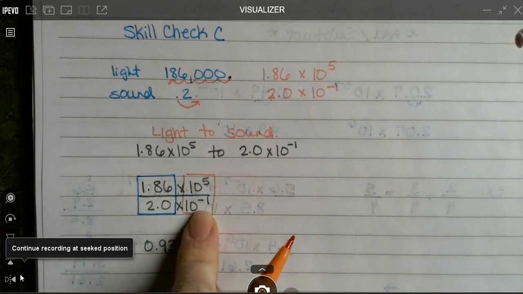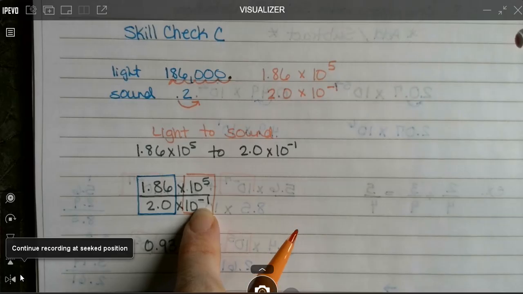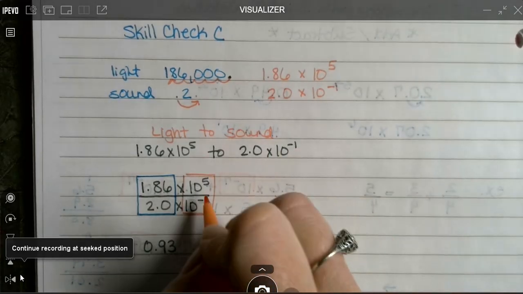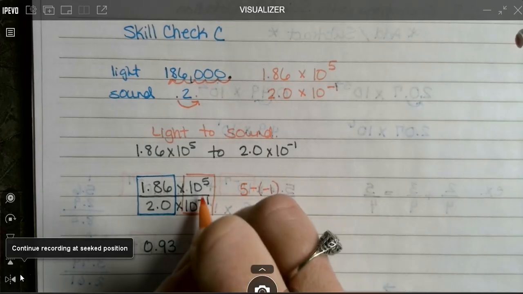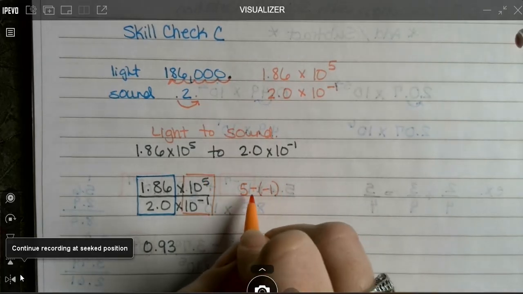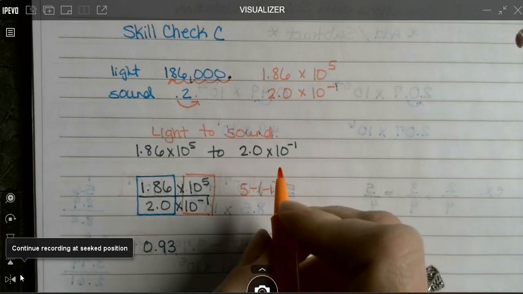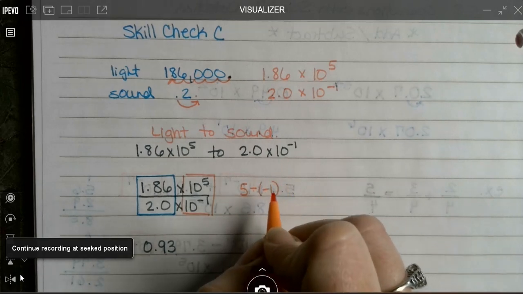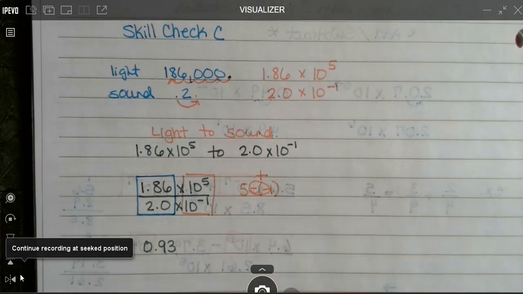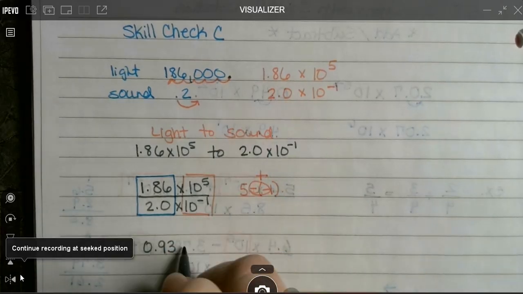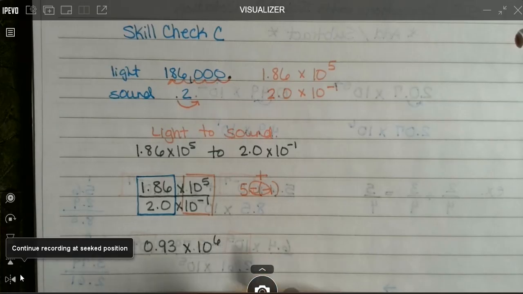When we're dividing powers of 10, we do the next easiest thing from division, which is subtraction. So we subtract the exponents. We have 5 minus negative 1, and 5 minus a negative 1 is the same thing as 5 plus 1, which is 6. So this is 0.93 times 10 to the 6th power.